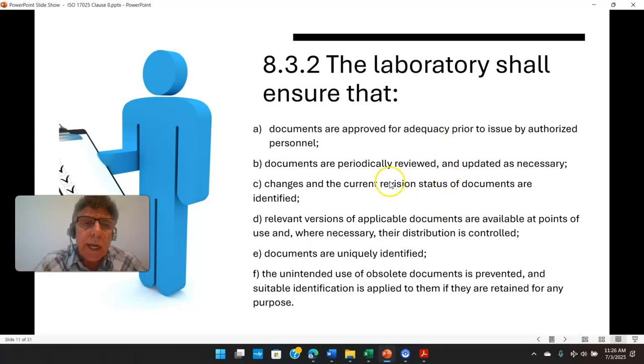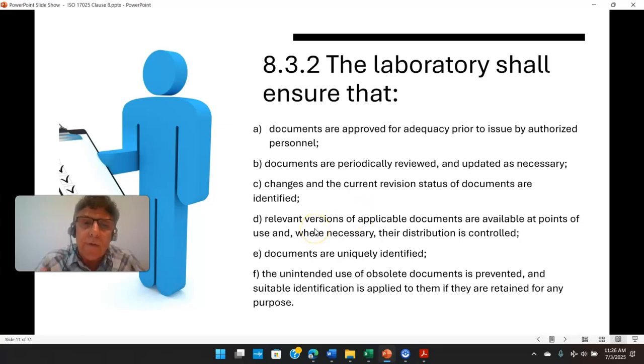And then C, changes and the current revision status of documents are identified. So on the document, whether it's a procedure, policy, form, or what have you, you want to make sure that the current version of the document is listed, like in the footer or the header, and that there is some sort of identification of the document.